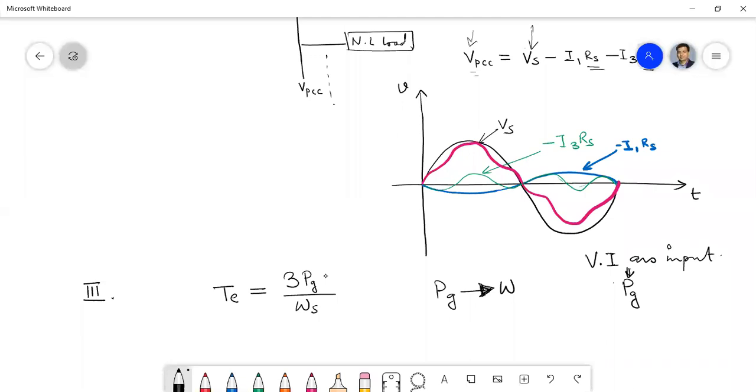If my apparent power input to the motor, which is VI, is constant, what would I get out of it as gap power? Will it remain the same as in the sinusoidal assumption?